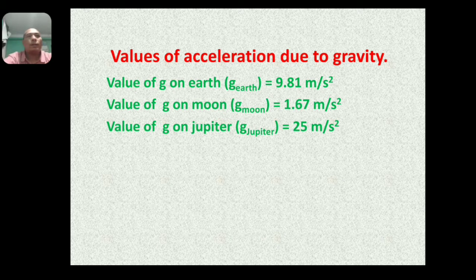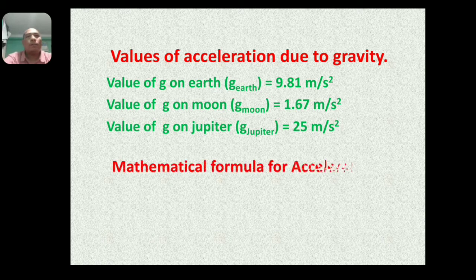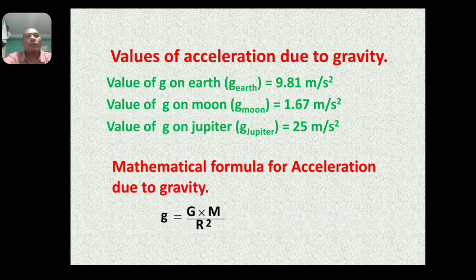Value of g on Jupiter equals to 25 meter per second square. Mathematical formula for acceleration due to gravity: small g equals to capital G into capital M upon R square.